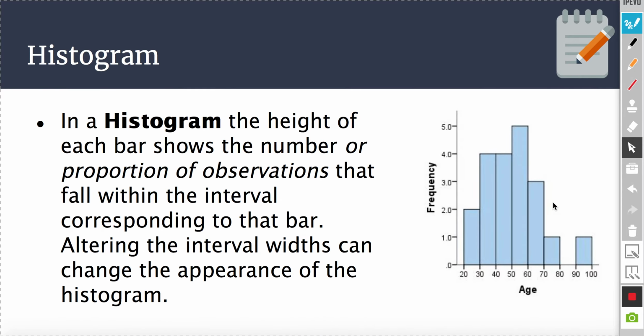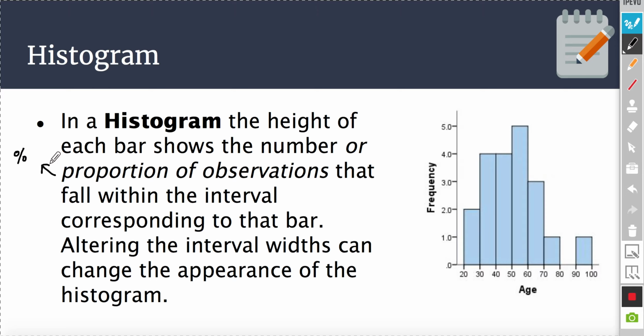Next up, we have the histogram. The histogram is a chart where the height of each bar shows the number or proportion of observations. So this one's a little different because a histogram can show a proportion of observations, because remember that's like a rate.